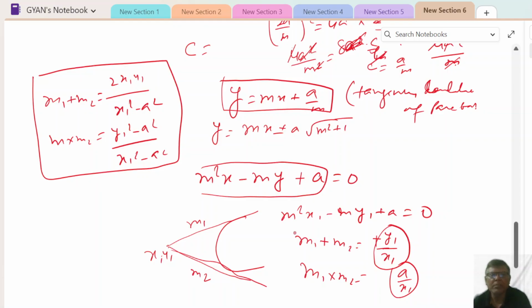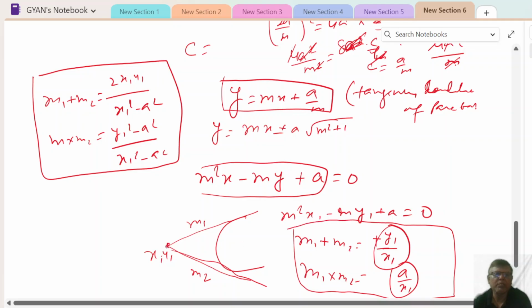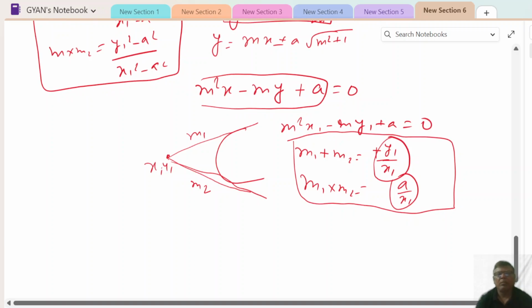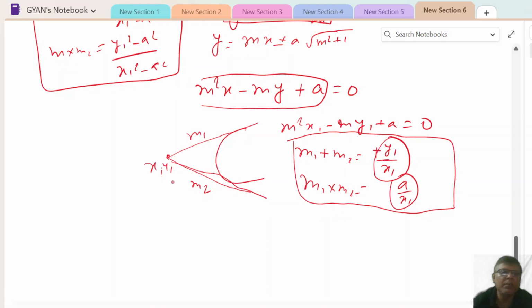Here we got this one, so this point is outside. This is enough for the Maharashtra board, but for the JEE Main, if you want, then see the further video.